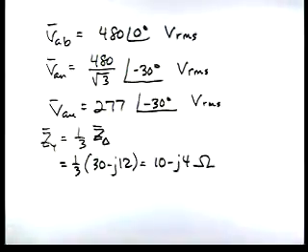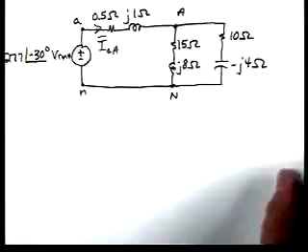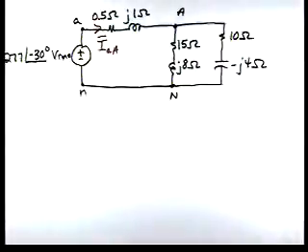Now that's converted that delta load to an equivalent Y, and we can draw our per phase circuit. I'll show the line current for the A phase on that circuit, and now we can proceed to calculate that.